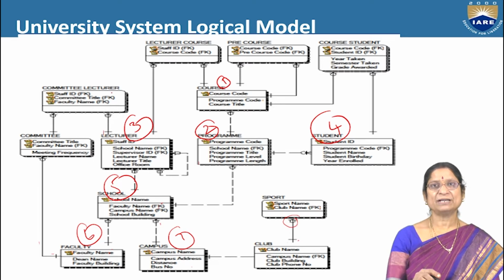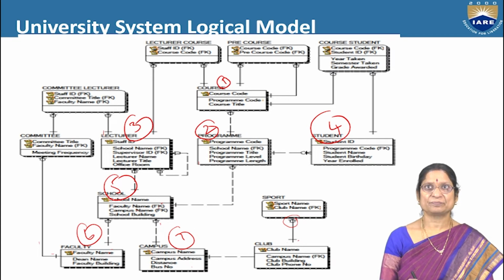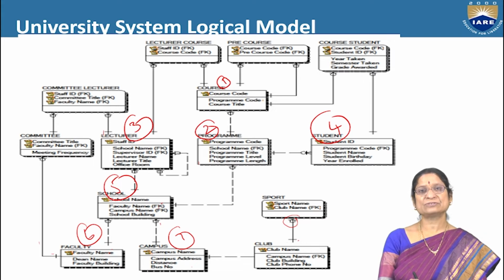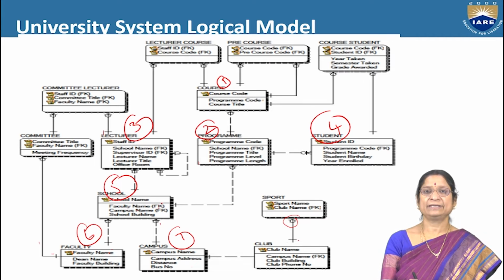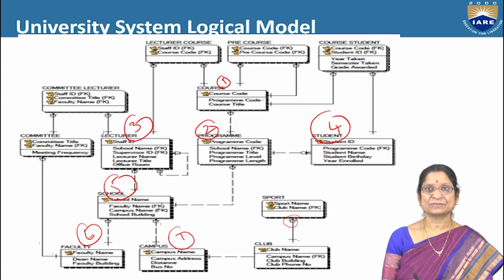So one to multiple committee lecturers will be there. This relationship is related to the process of our entire respective schools, campuses, and the administrative process or academic administration of the campus.